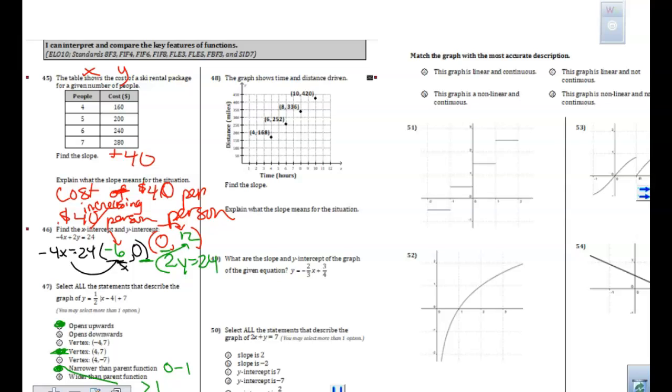This one, as we are looking at it, Olivia, what would you say is our slope or rate of change? So 45 and 48 kind of go together. 42 over 1. How'd you find it? I did 84 over 2, because of the difference of 84 over 2, then I just divided.